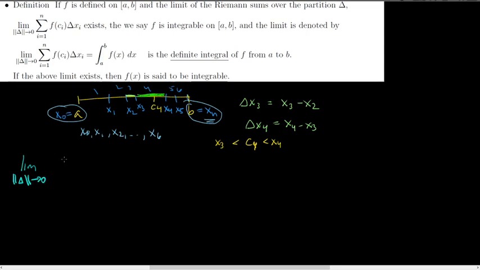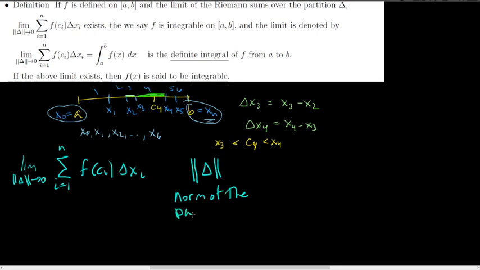Oops, not the function, but the sum, the Riemann sum, i going from 1 to n, of f of ci delta xi, right? So what do we mean by this symbol here? I'm calling this the norm of the partition. So the norm is simply the length of the longest interval.